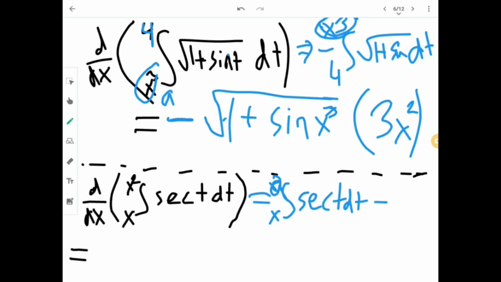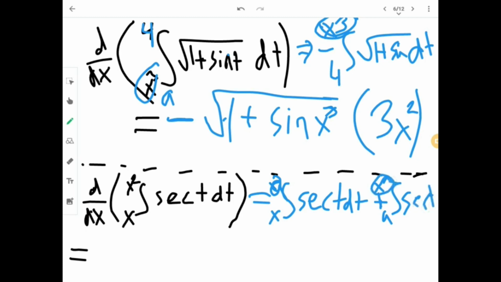You'll see that it cancels out, so it doesn't really matter whatever you put in there. And then this becomes plus the integral from a to x squared of secant t dt. Basically, you're just separating it.